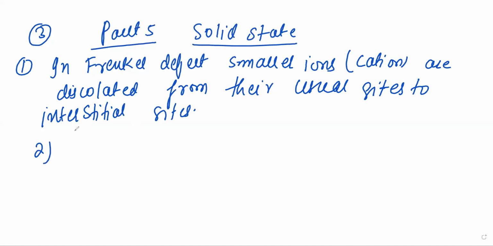Now see, Frenkel defect is shown by compounds having a large difference in the size of cation and anion.